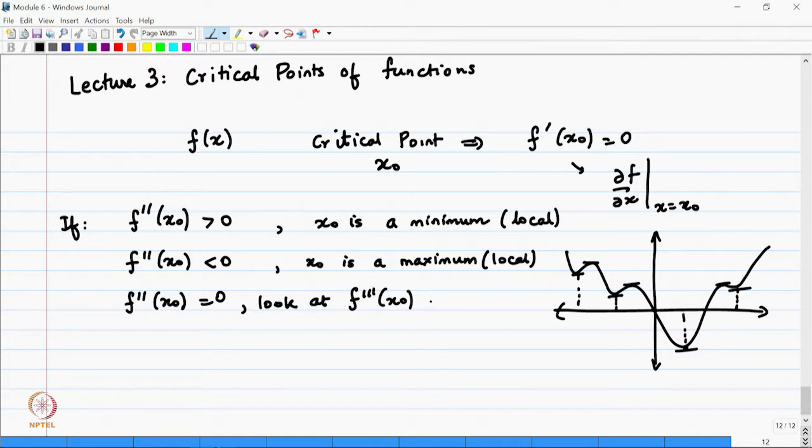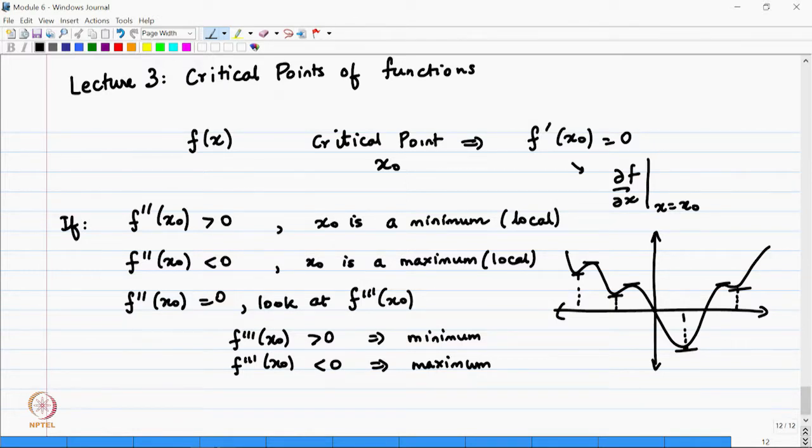So, f triple prime of x 0 greater than 0 implies a local minimum. F triple prime of x 0 less than 0 implies a local maximum. This is if the second derivative is 0. If the second derivative is 0, then you have to look at the third derivative. If the third derivative is 0, you look at the fourth derivative.